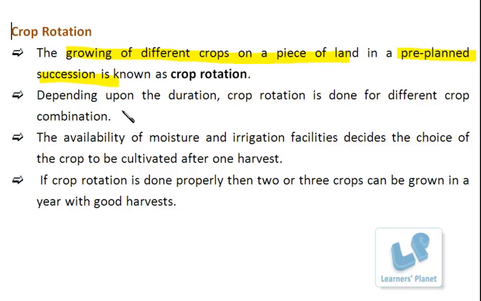See, what happens in a particular season, each particular crop has its own duration. So the period from when the sowing is done till the harvesting, the time is estimated, and further how much time is left over for the end of the season is planned previously. So here, depending upon this duration, crop rotation is done for different types of crop combinations.